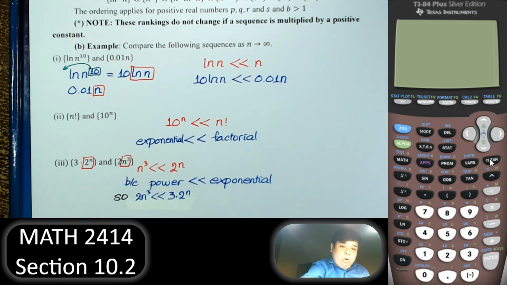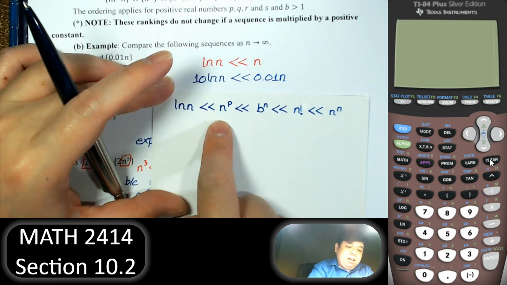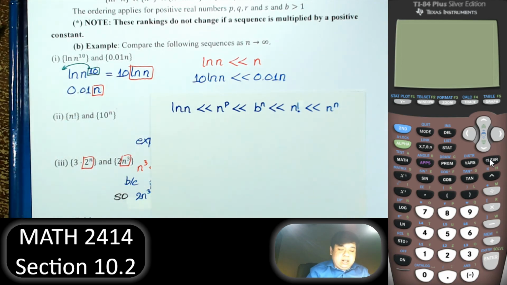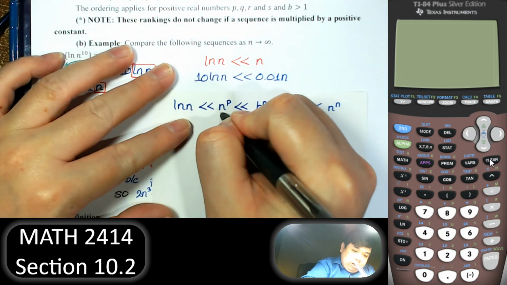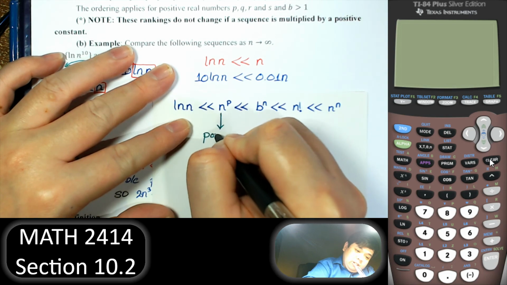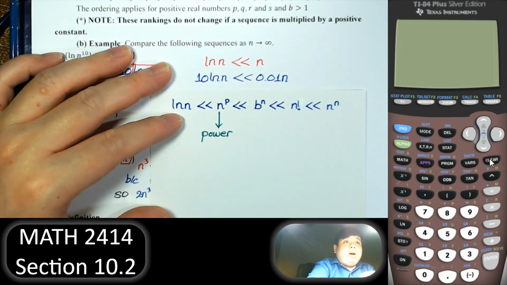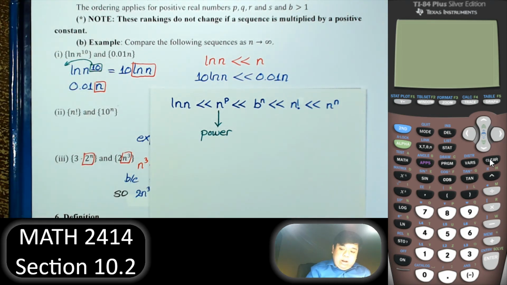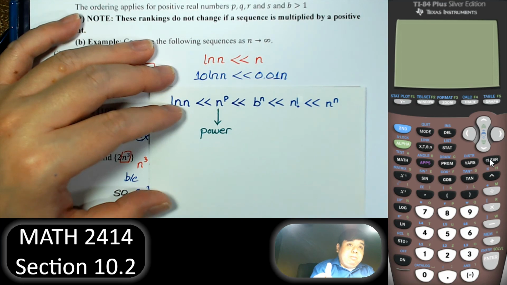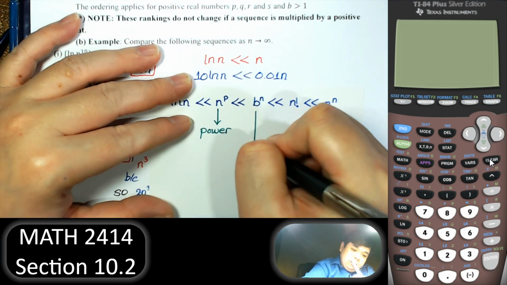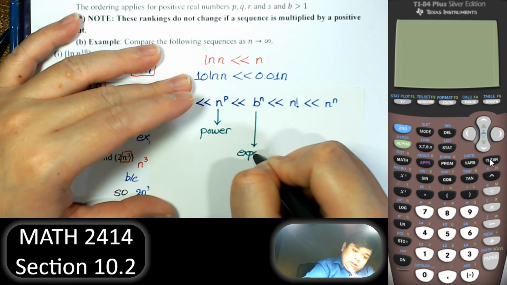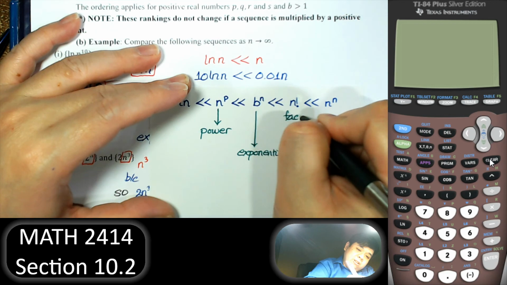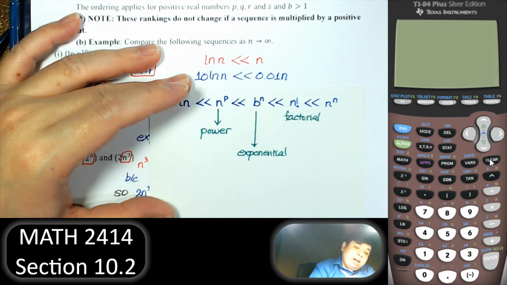Right. Once again, the ln, the power function, exponential function, and then factorial, and n to the n. Right. Now let's elaborate. For the power function, the bigger the power, the bigger the function, obviously. For the exponential function, the bigger the base, the bigger the function. And then factorial, and then that.